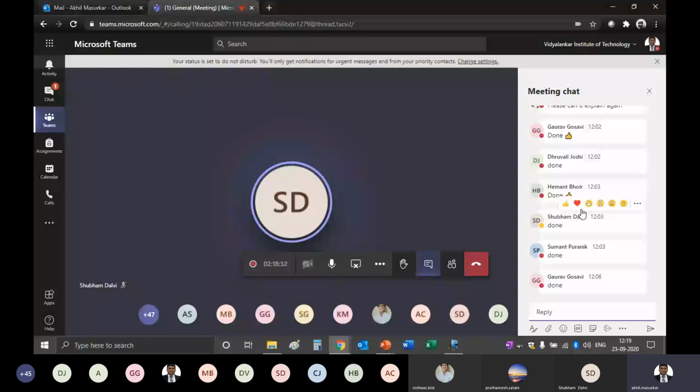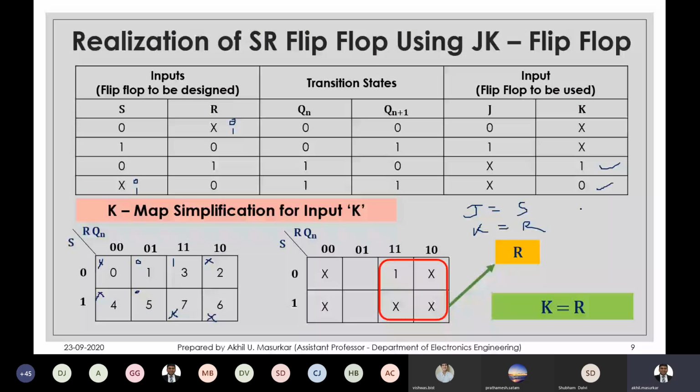Write the K map for this. So I hope now you are getting how to read this above table to calculate J and K. So previously there was just one input, only D flip flop has got just one input, but now we have JK.